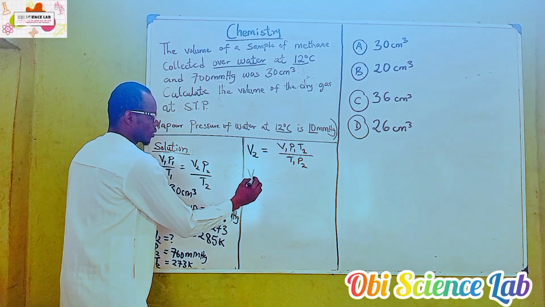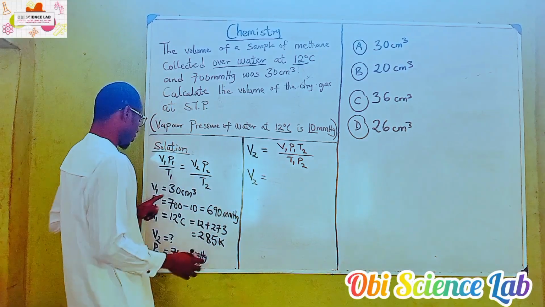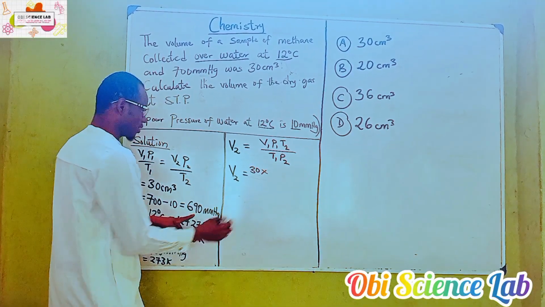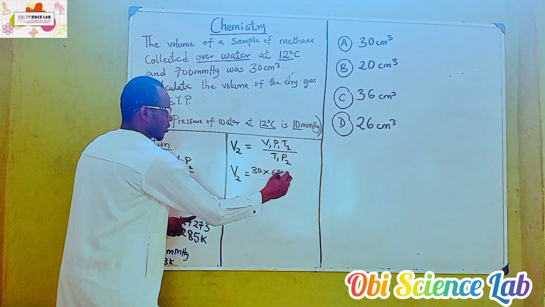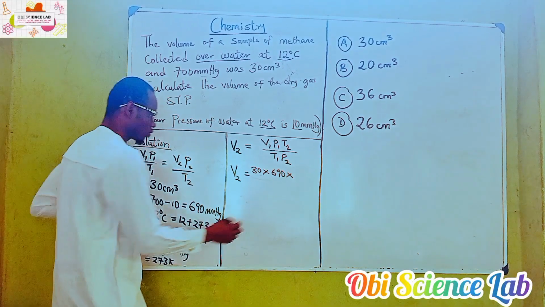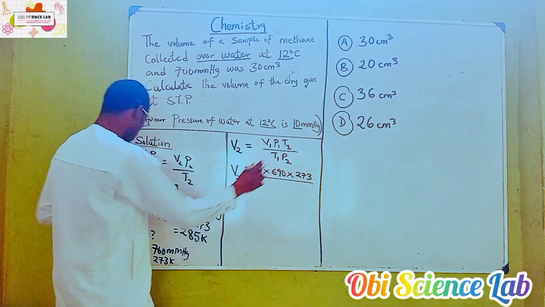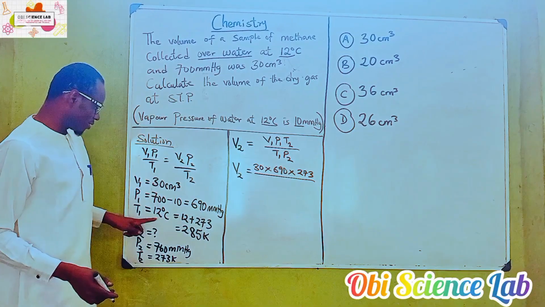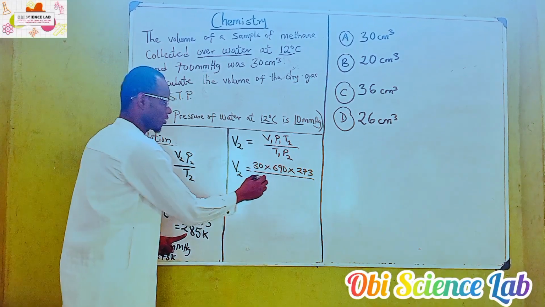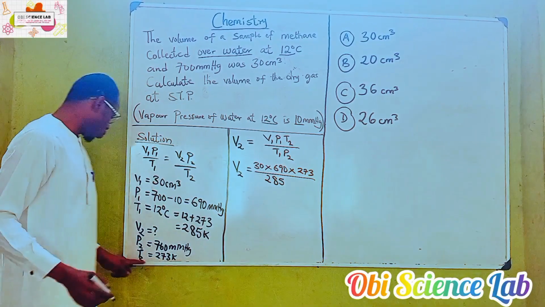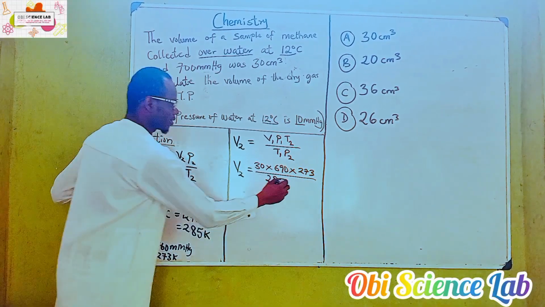Let's put in the figures that we have. V2 becomes V1 is 30, P1 is 690 times T2. T2 is 273, divided by T1. T1 from our identity is 285 K, 285, and P2 is 760 times 760.